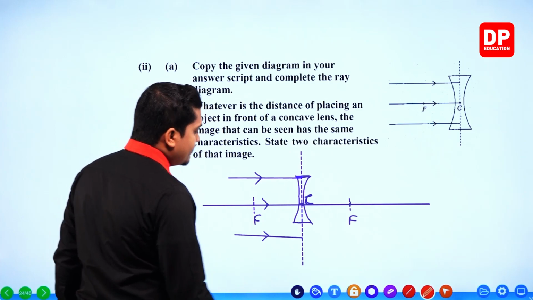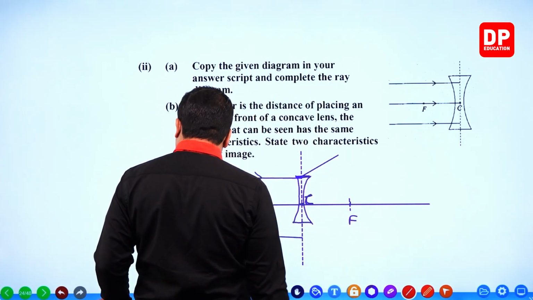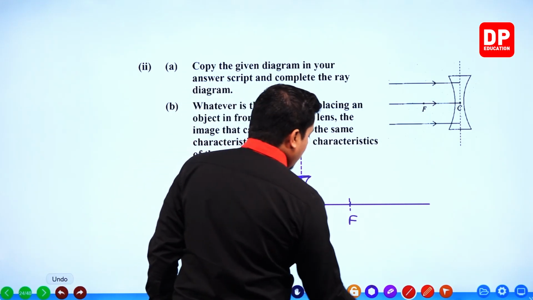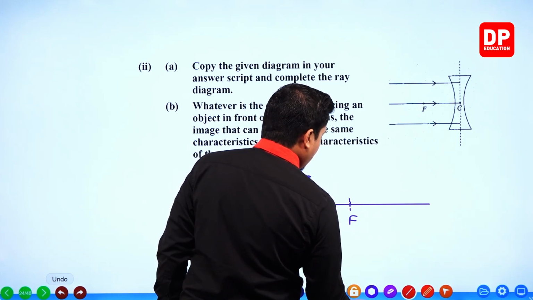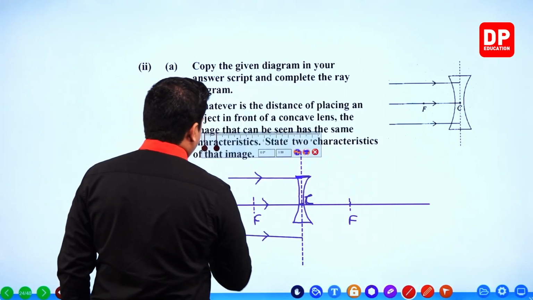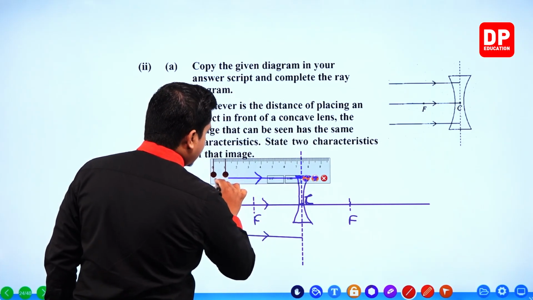So diverge the light rays. Here also you need to keep your ruler like this.